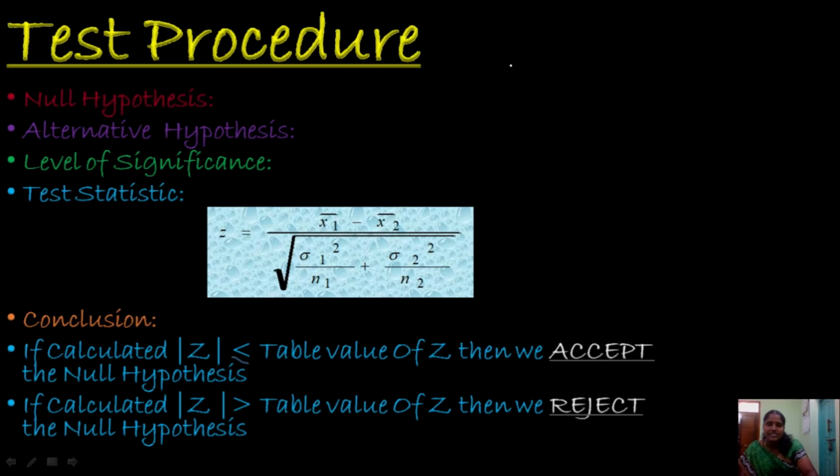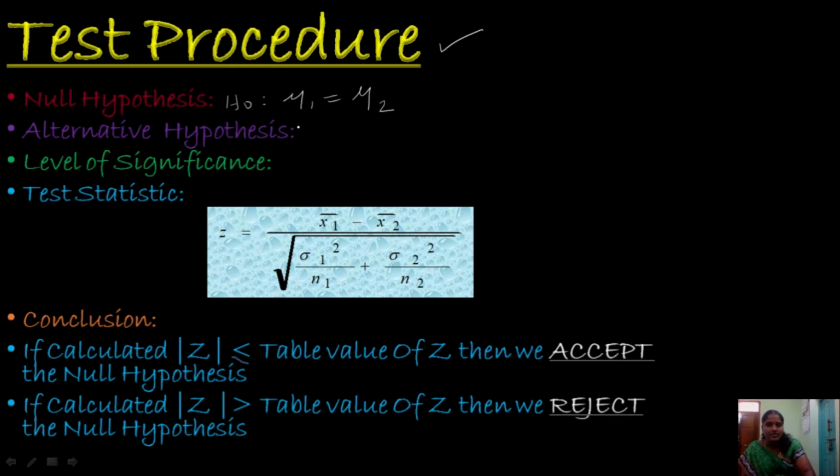Now I am going to explain the test procedure used to test the significance of difference between two means. My first step is to set up my null hypothesis H naught, which is mu1 is equal to mu2, which means there is no significant difference between the two population means.